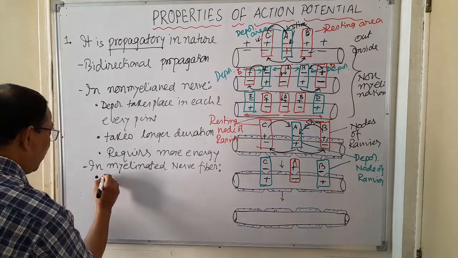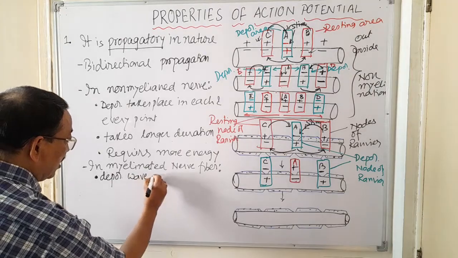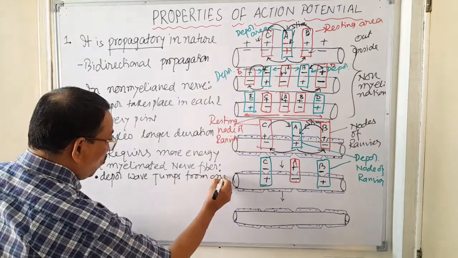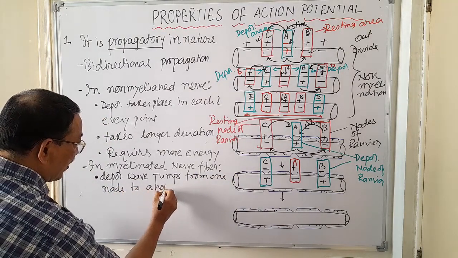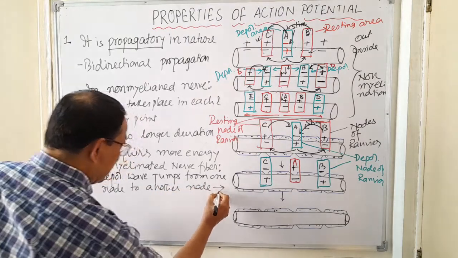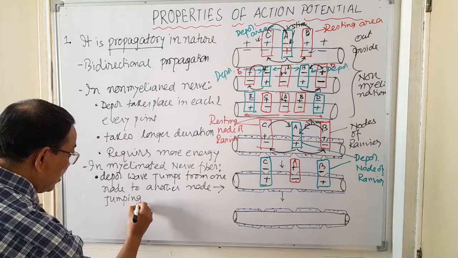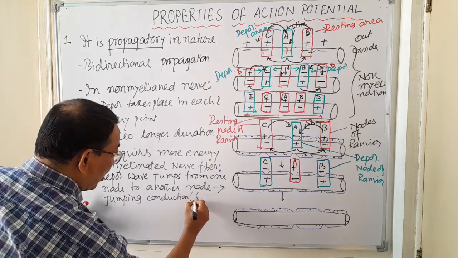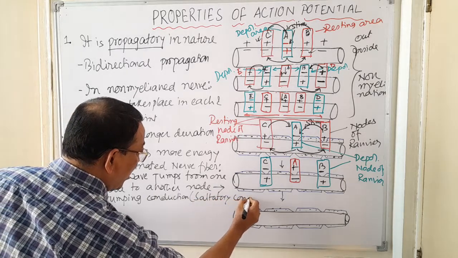So the wave of depolarization jumps from one node of Ranvier to another adjacent node, and this is why it is known as the jumping conduction or saltatory conduction of the nerve impulse.